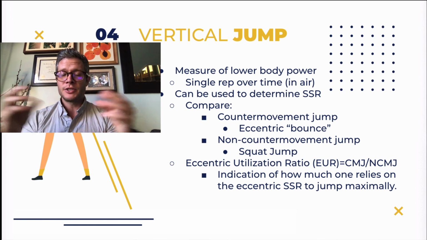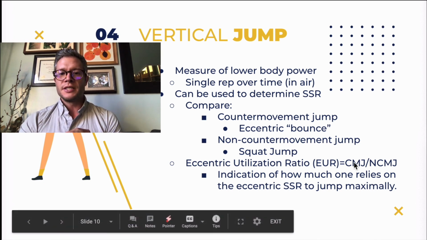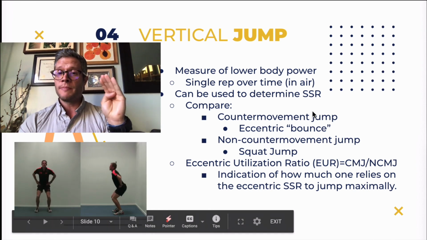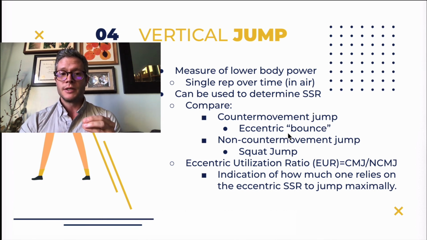You can figure out how much you use looking at the eccentric utilization ratio. So what is the difference between your counter movement jump, the jump you use with the bounce, with that stretch shorten cycle involved, and one where you don't have that involved, so a non-counter movement jump.